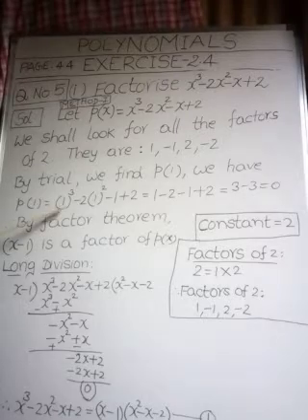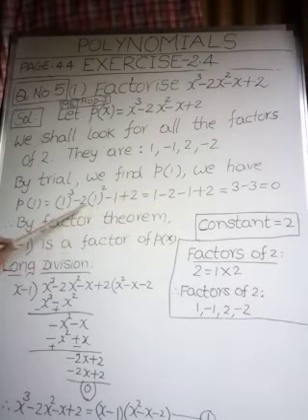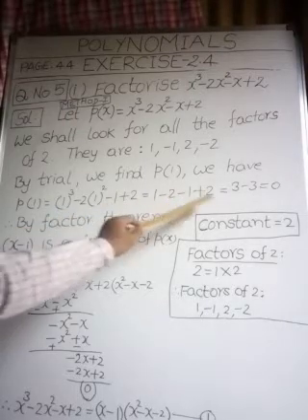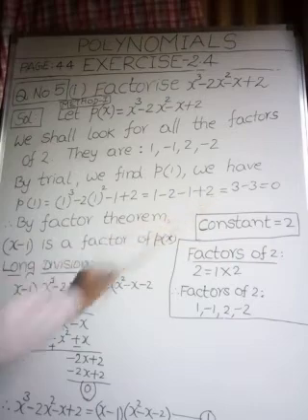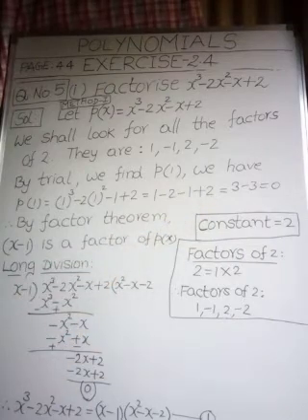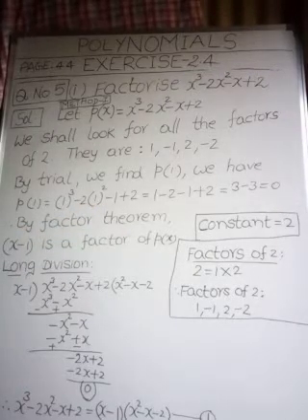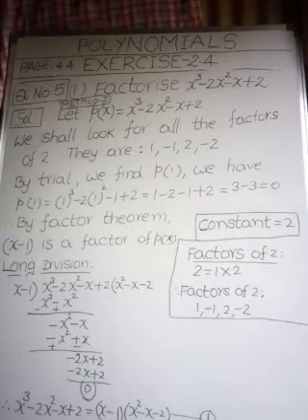So 1 cube value is 1, minus 2 into 1 square value is minus 2, minus 1 plus 2. Understood this step, my children? I am not doing the rough work here because I have explained it for many sums.